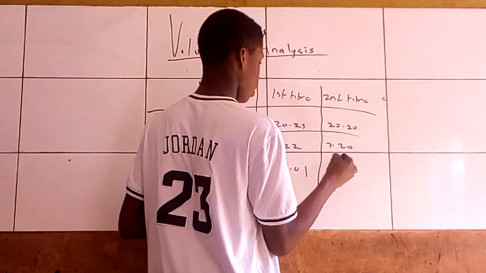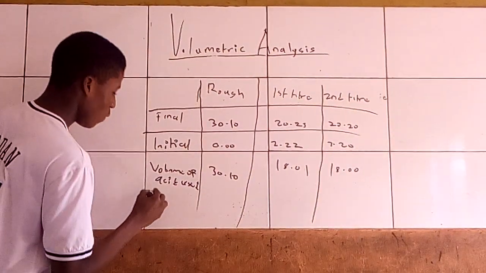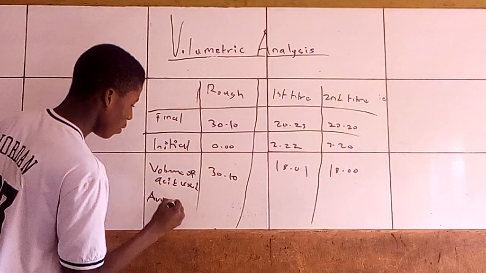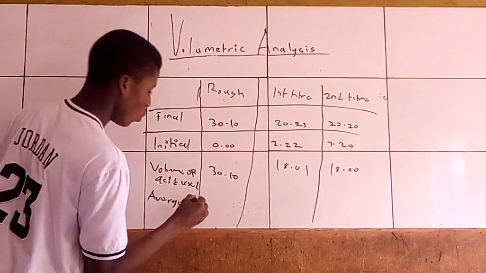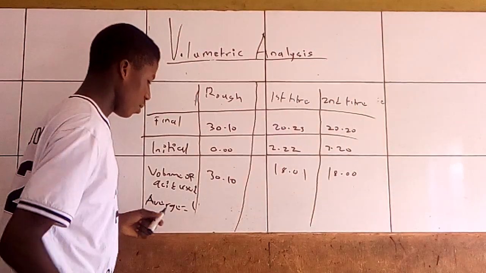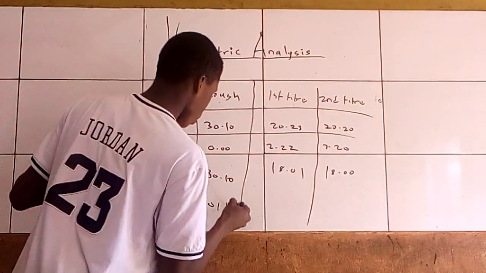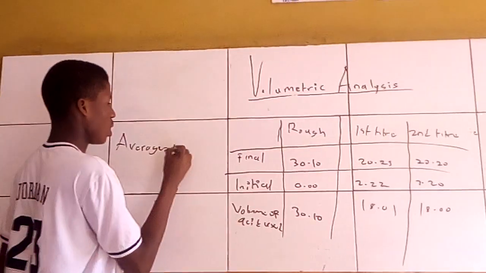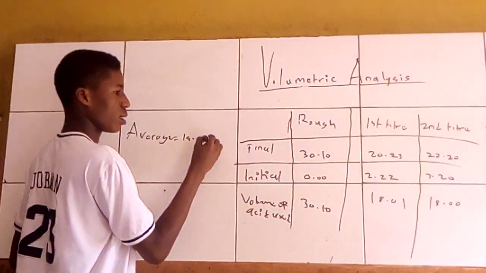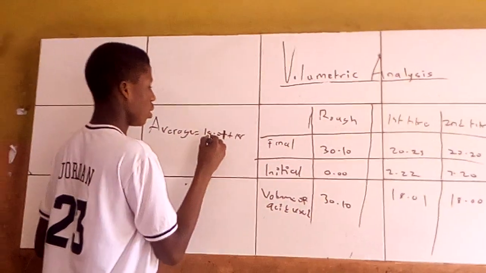So having done this, we now look for the average volume used. The average of the acid is 18.01 plus 18.01 over 2.